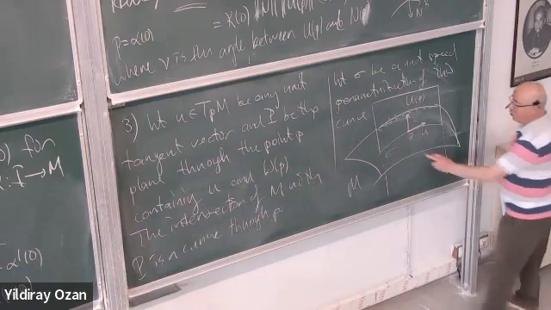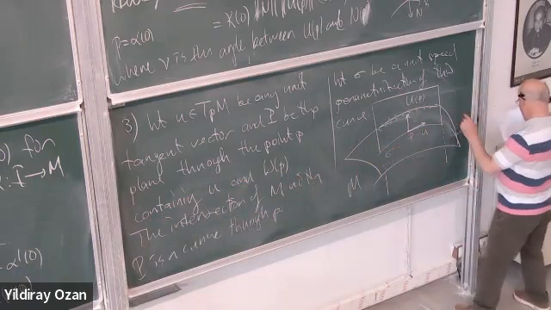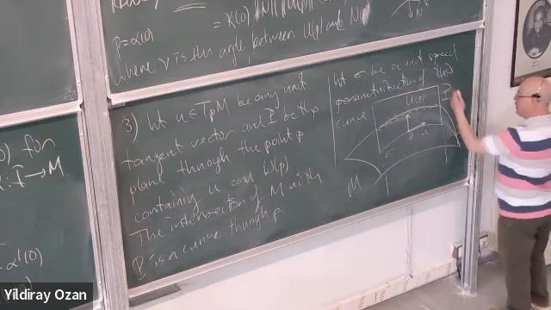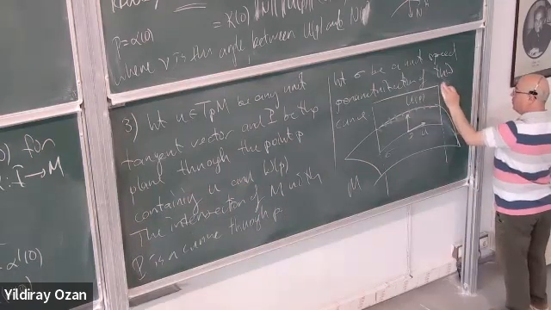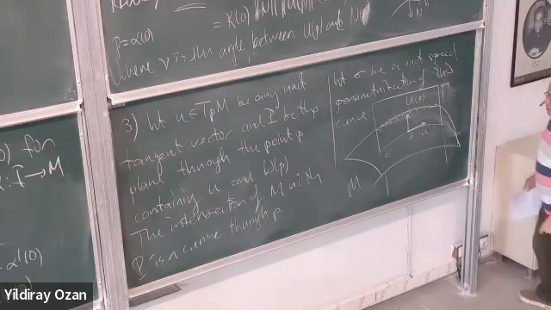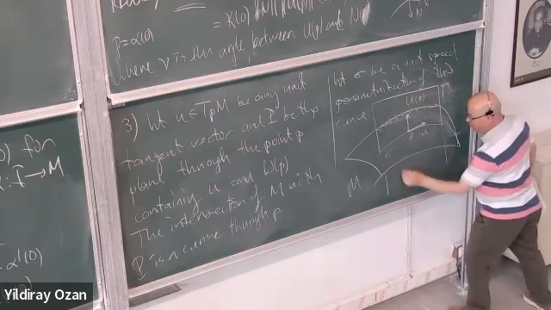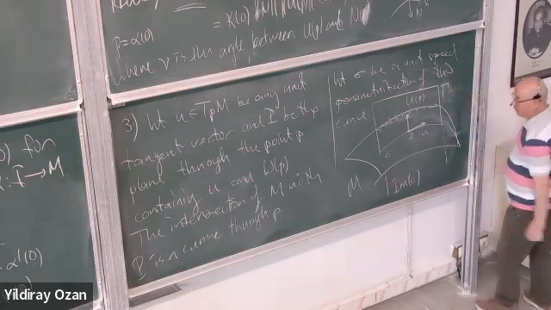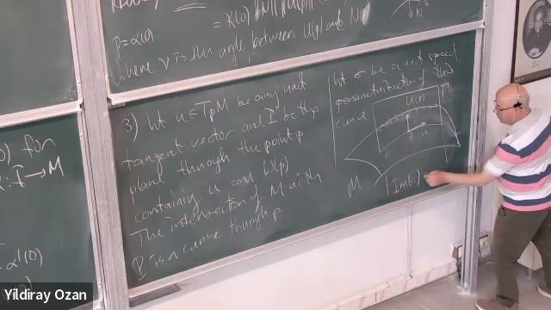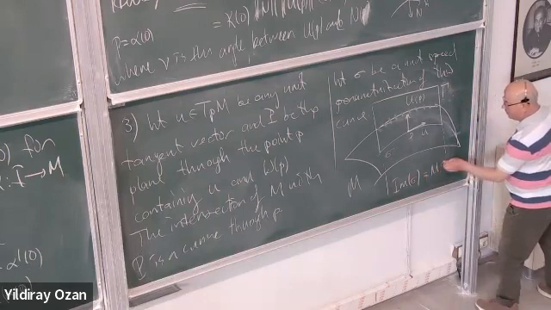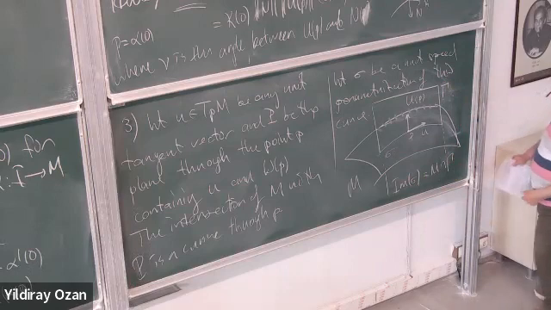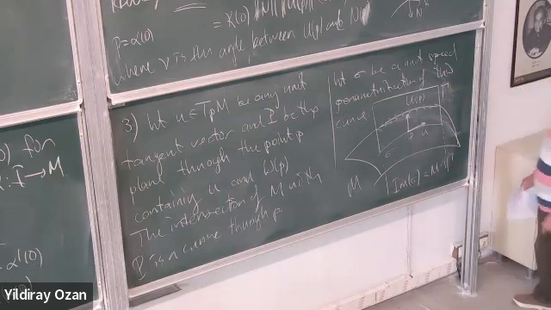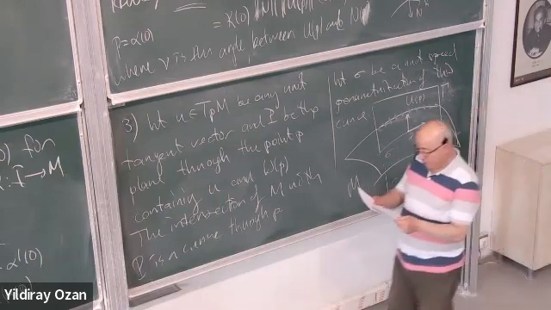Of course, this curve is the intersection of the plane, let me say the plane is gamma. So the image of this curve is what? It is M intersection with gamma, right? The surface intersected with this plane is my curve.